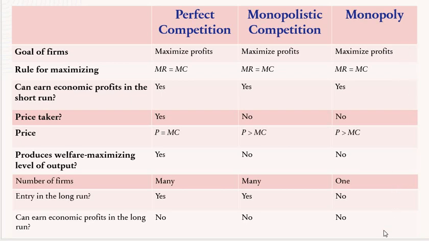So monopoly is always the only one. And if there are somehow new entries, or maybe an antitrust law requires a monopoly to be separated, split, then that's not a monopoly anymore. That would be the oligopoly, right? We are going to talk about that soon.